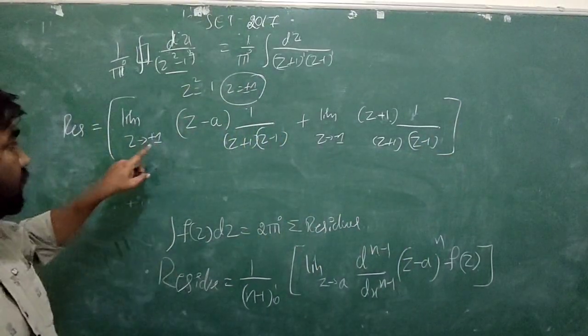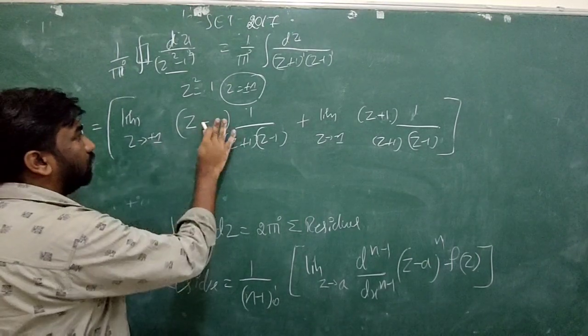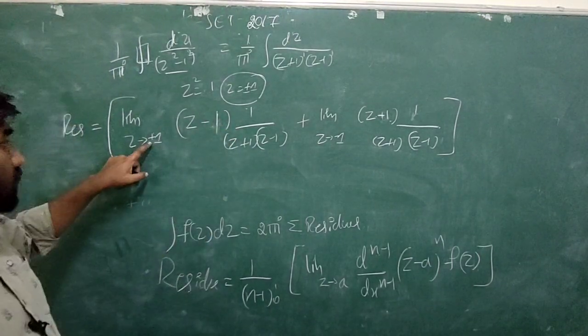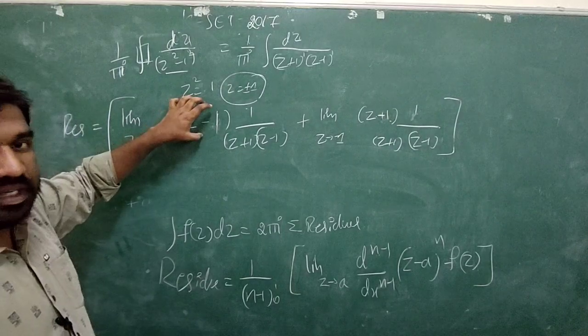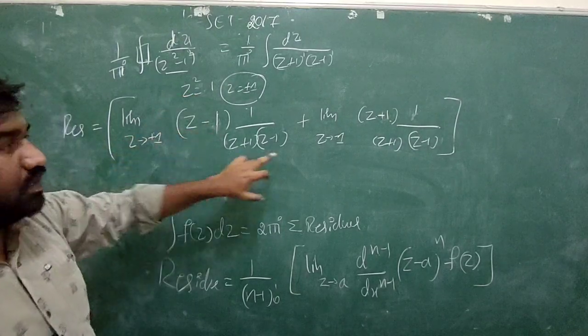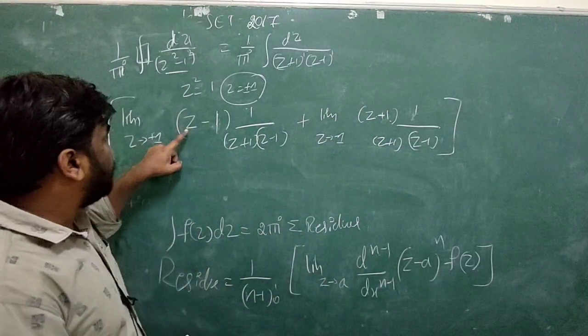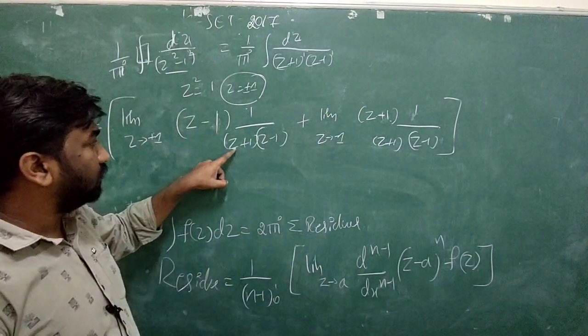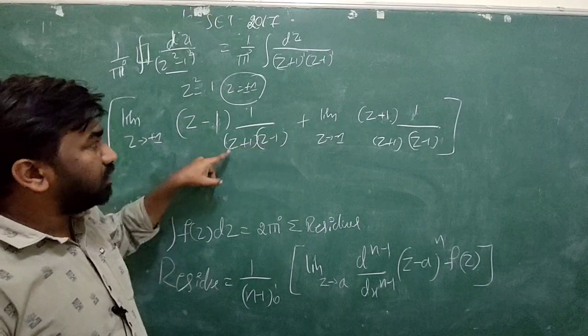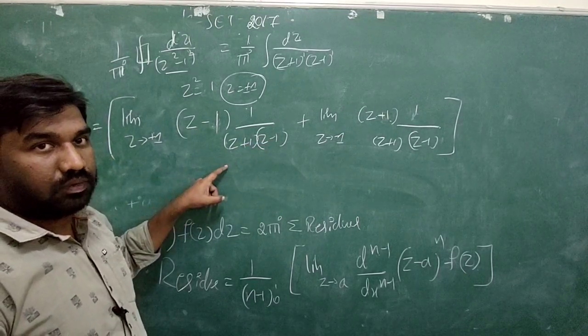Okay. For z plus 1, in the numerator we have to write z minus 1. For z minus 1 in the numerator we have to write z plus 1, because if I substitute 1 here, it will become 0. Okay.